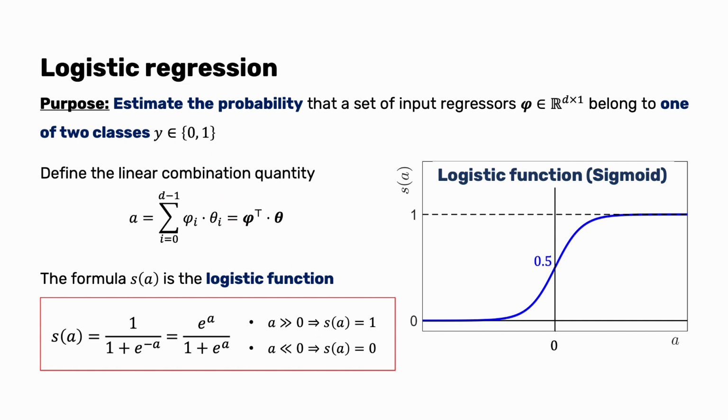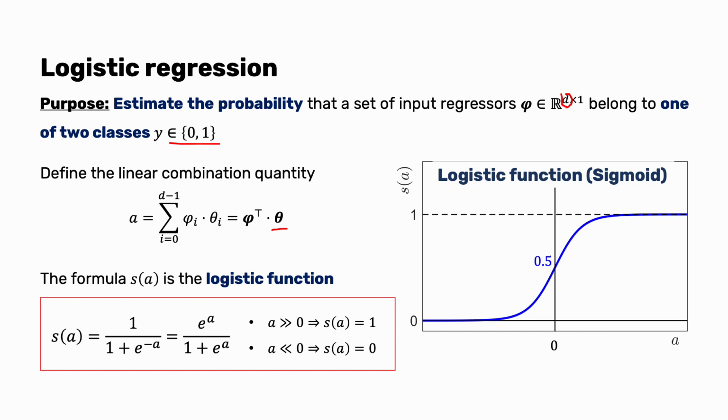Suppose we have a dataset with d dimensions. We denote a sample as phi, and the label belongs to class 0 or 1. We define the linear combination, which is the sum across the dimensions of the sample, and we call the parameter theta.